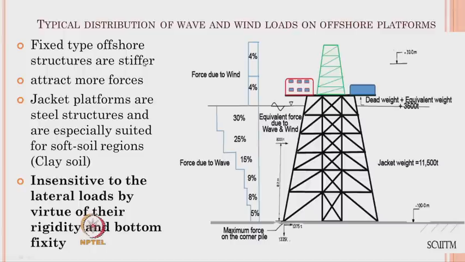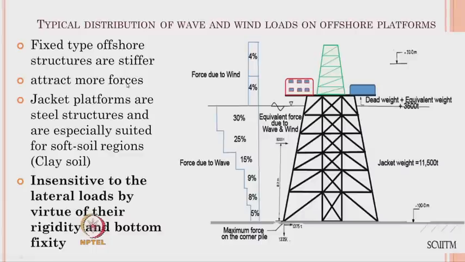And therefore, ladies and gentlemen, from the principles of simple mechanics, we all know any structural system which is stiffer in nature will always have a tendency to attract more forces. On the other hand, offshore platforms of fixed type have a tendency to attract more forces. These forces either can come from the waves or it can come from the wind.